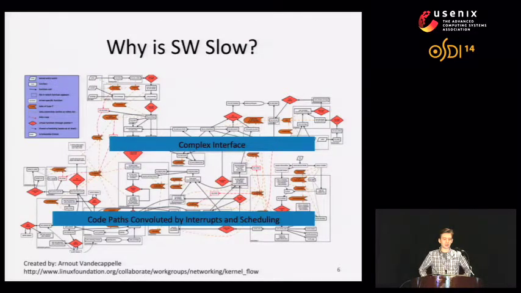The other issue is we have a lot of really convoluted code paths, and the reason is that there isn't much coordination between the application and the kernel. The kernel network processing is largely driven by interrupts and also scheduling decisions in the kernel. So we're going to take a random walk through this code, and it's really hard to predict which path we're going to take because it depends on the particular situation and the particular arrival times of the interrupts.